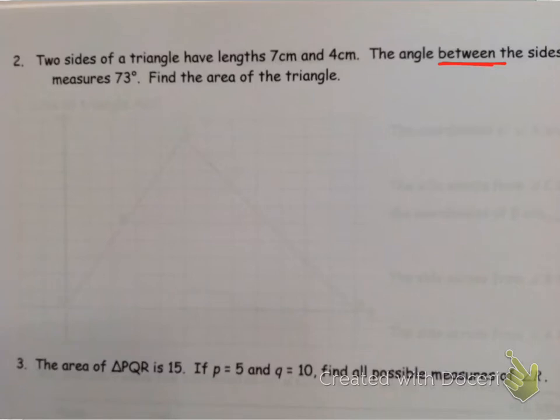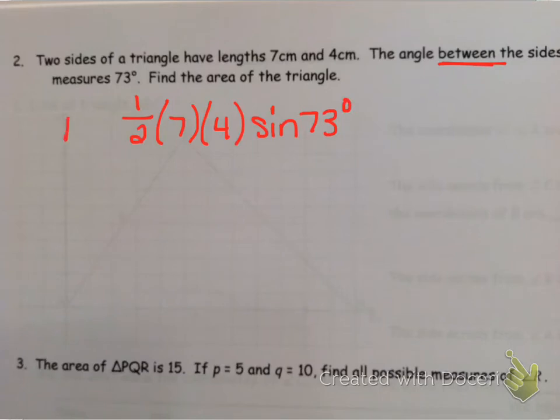We can draw a picture if we want to, but remember the pattern, just 1/2 times one side, which is 7, times the second side, which is 4, times sine of the angle in between, which we were outright told was 73 degrees.